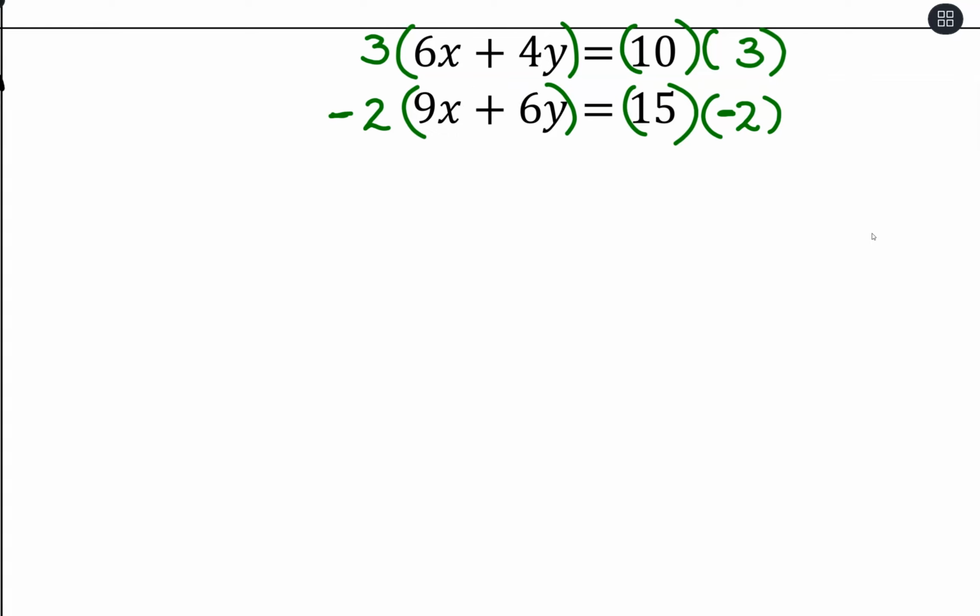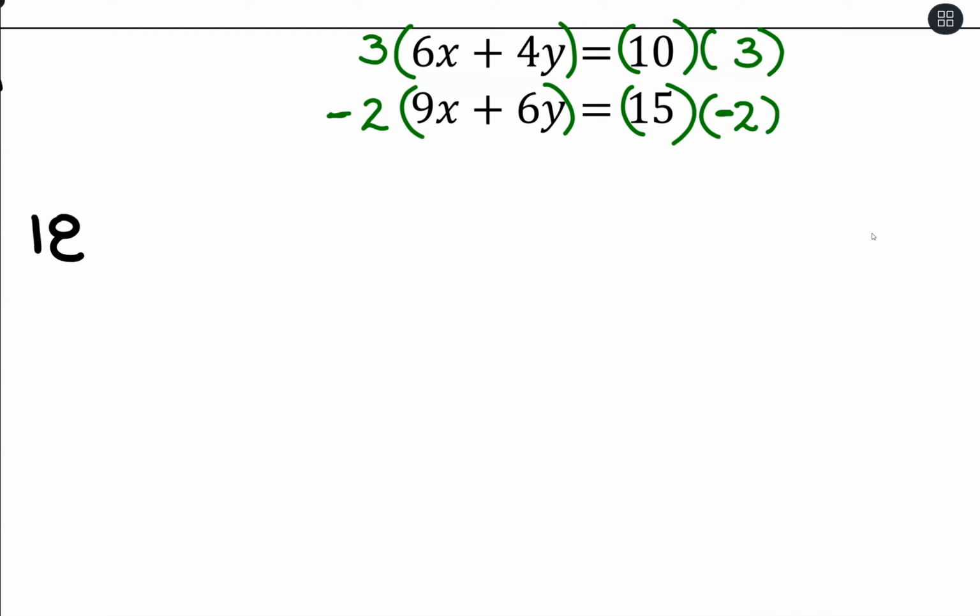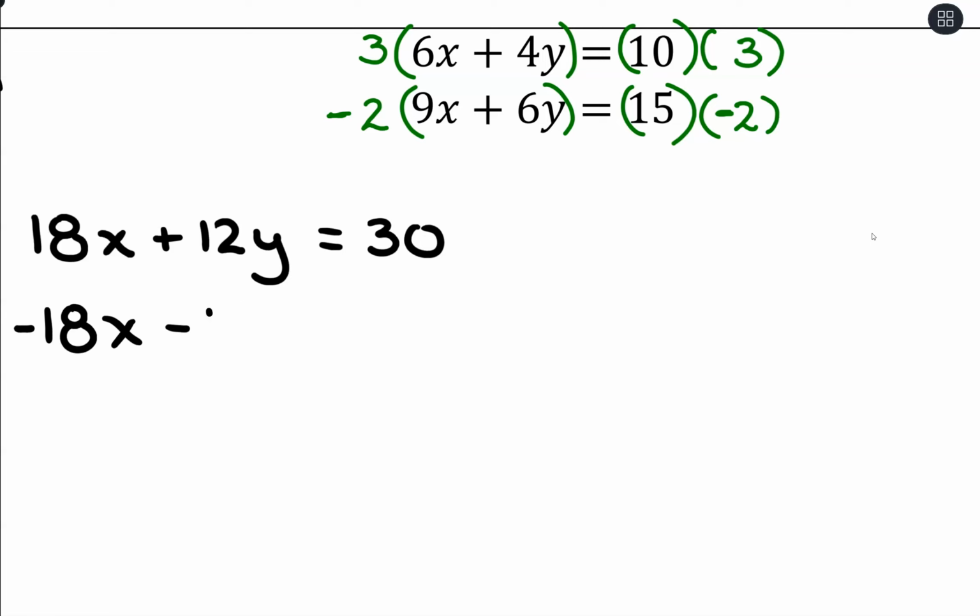Okay, so up top, distributing the 3, we'll have 18x plus 12y equals 30. And then distributing the -2, so -18x minus 12y equals -30.